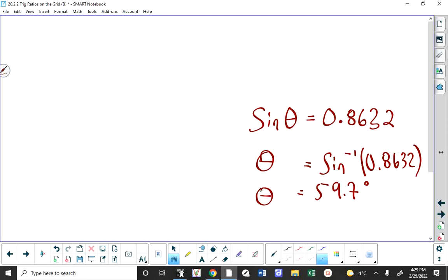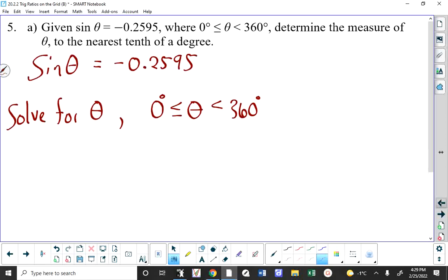Now, what I'm going to tell you is that whenever you're dealing with angles in this unit, angles that are rotation angles, the first thing to note is when you do that, you're not going to get theta. What you are going to get is the reference angle. So it's the reference angle that's equal to the inverse sine.